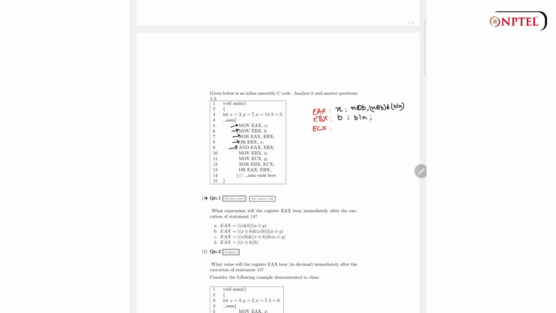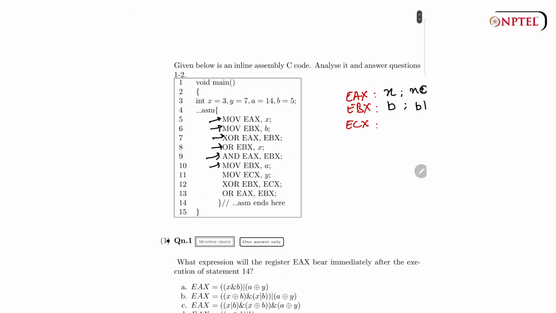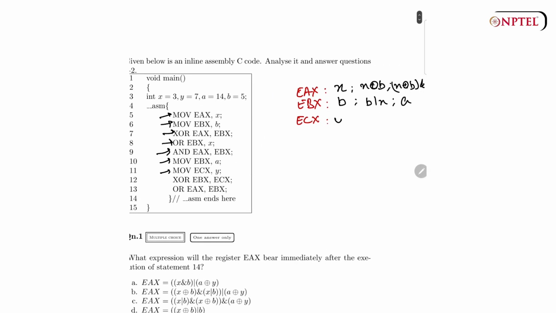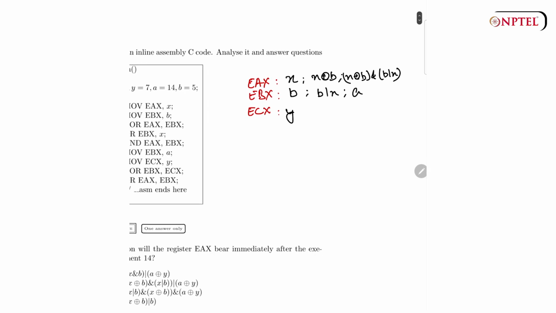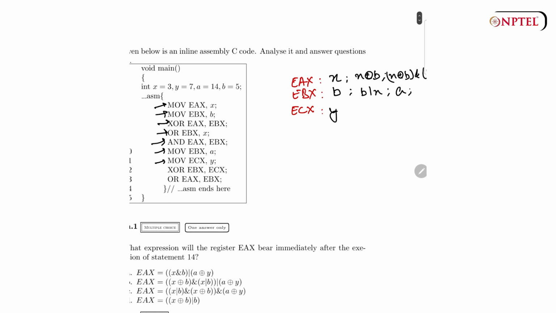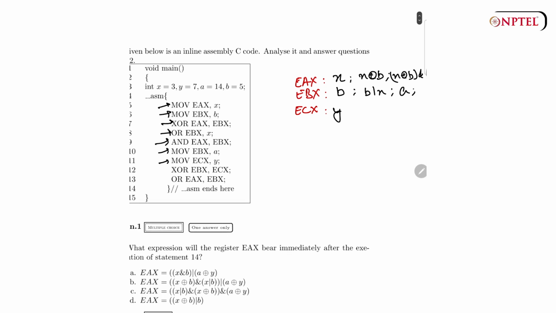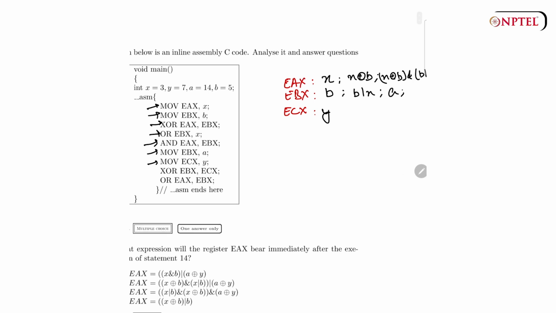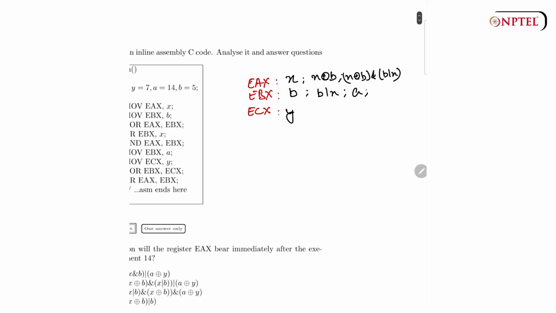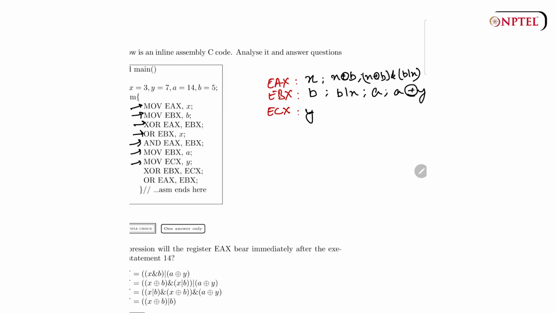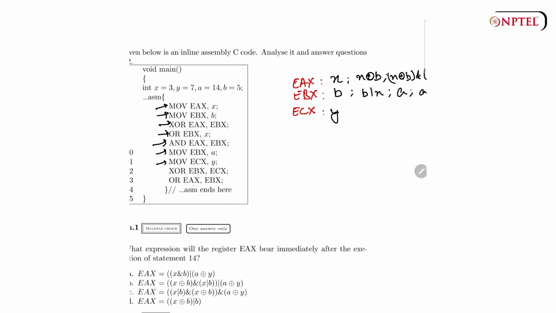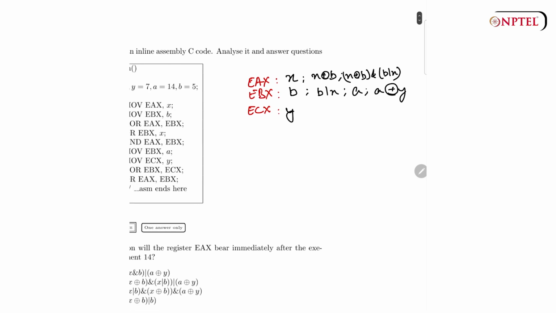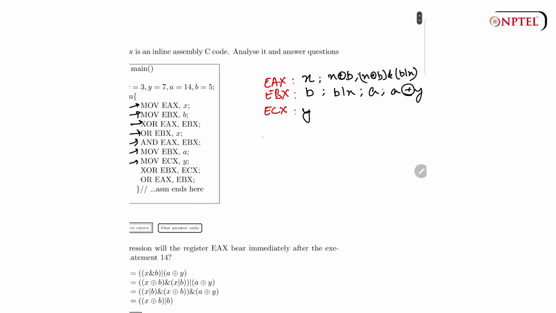Then I say that EBX takes the value of A. Move ECX comma Y, so ECX takes the value of Y. And XOR EBX comma ECX. Since EBX stores the value of A and ECX stores the value of Y, XOR EBX comma ECX will basically mean EBX stores the XOR of A and Y. And finally, I OR EAX comma EBX, and since I don't have space there, I will just write it down here.